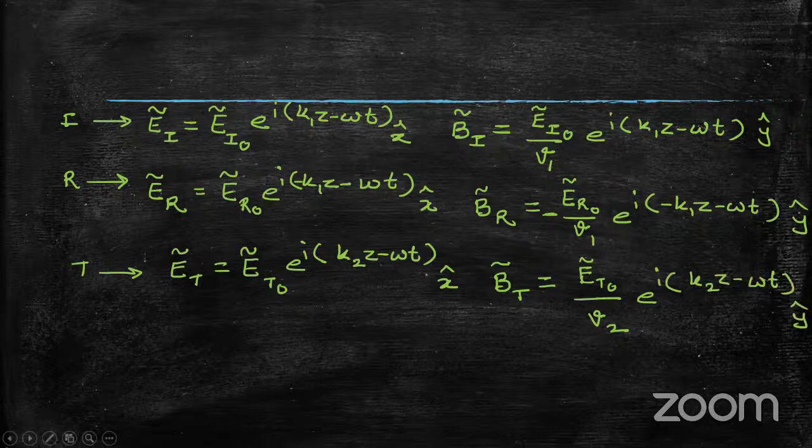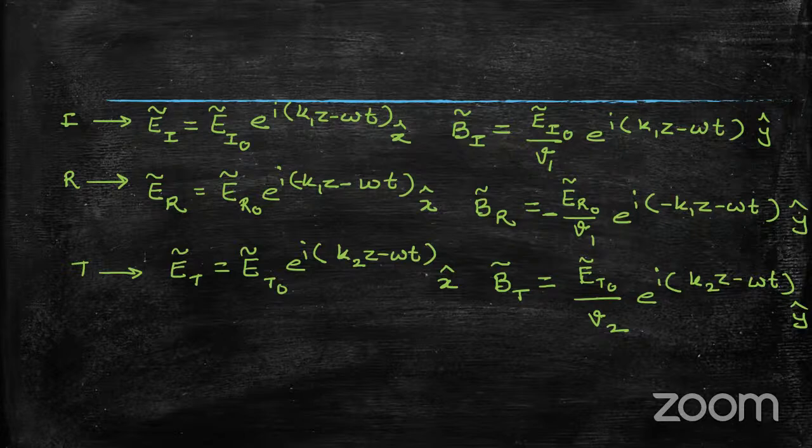Once the reflection and transmission is done, they are just like other waves traveling in the bulk. That discussion we have already done. So there is no point discussing before the electromagnetic wave encounters the boundary and after the encounter, because we already discussed how the wave travels in the medium.